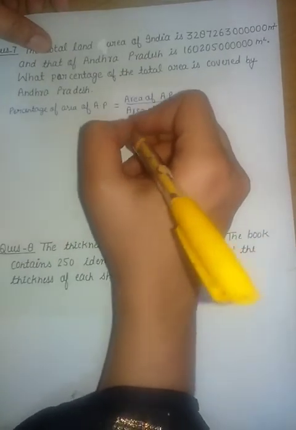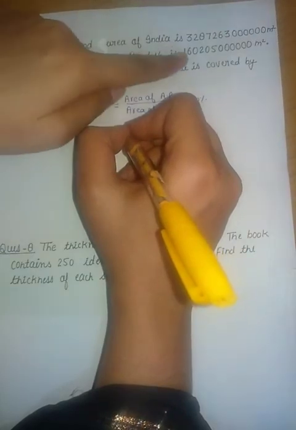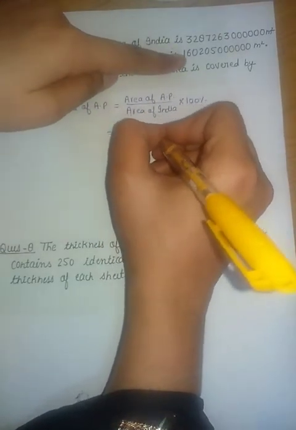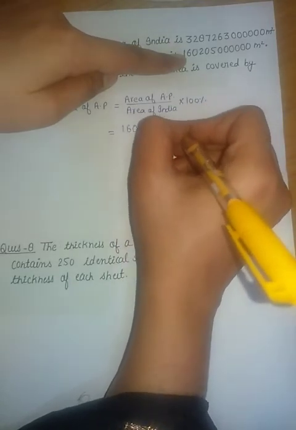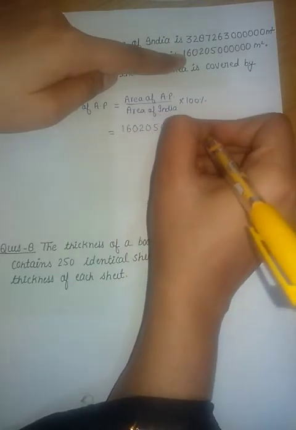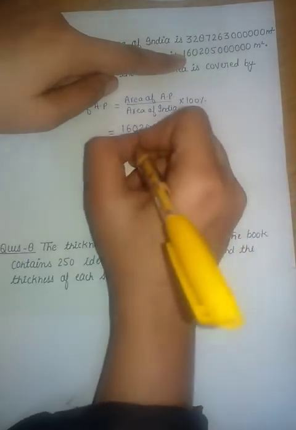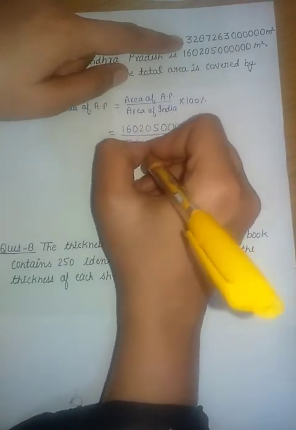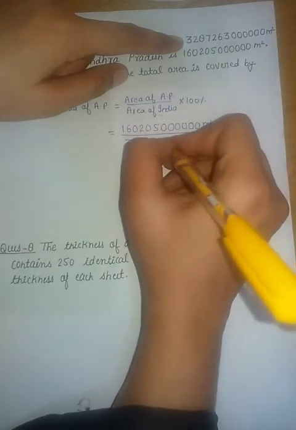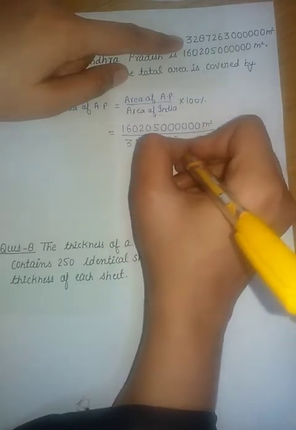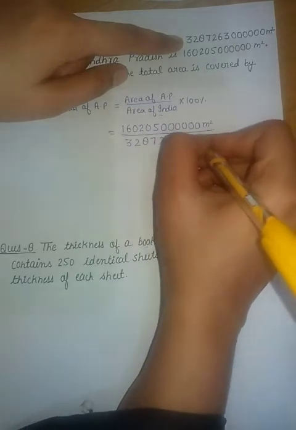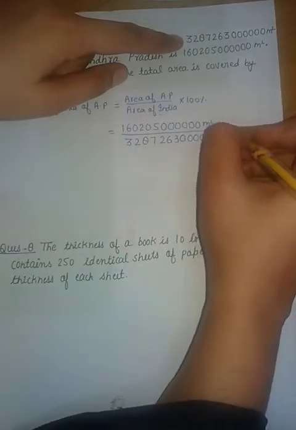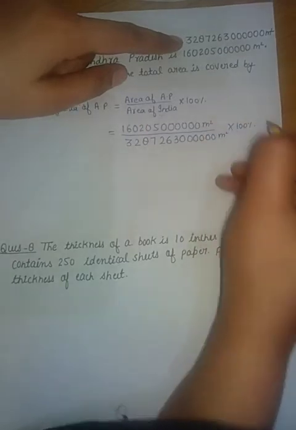Area of Andhra Pradesh is 1602050000000 meter square upon area of India, 3287263000000 meter square, multiplied by 100%.